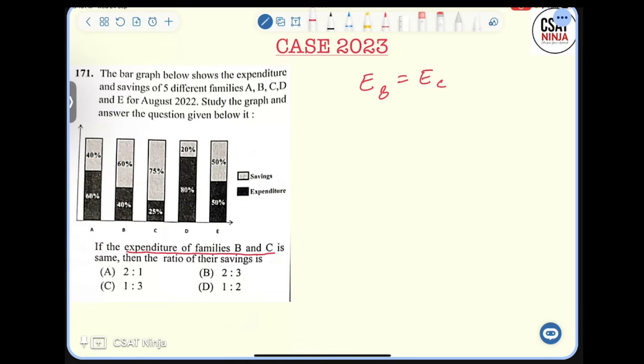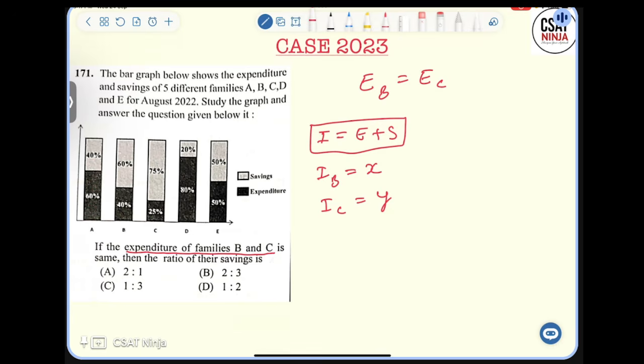Whenever you are solving income-expenditure questions, income will always be equal to expenditure plus saving. So now I'll assume like this: the income of B is X and the income of C is Y. According to our data, let's look at it.